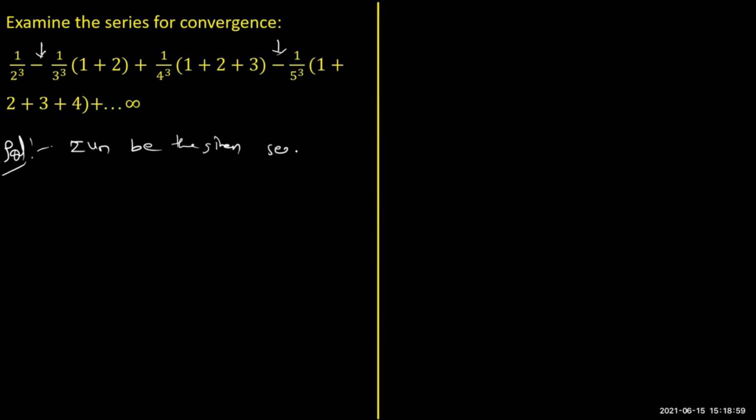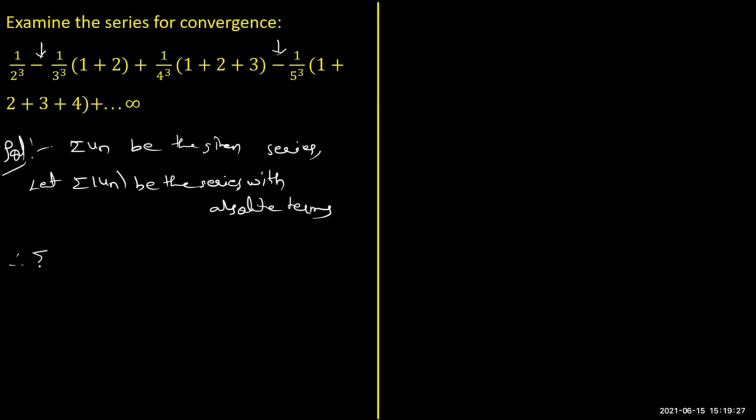Then when you are given an alternating series, the second statement here in your solution must be, let summation mod un be the series with absolute terms. Though some of the terms here are negative, we still take them as positive by taking the absolute values.